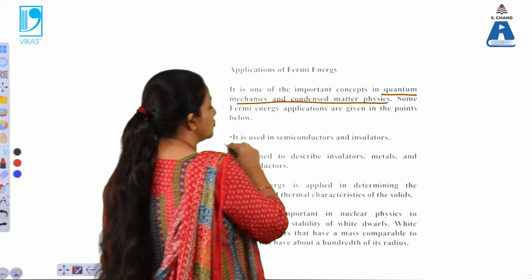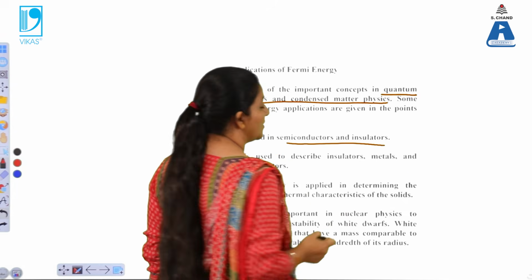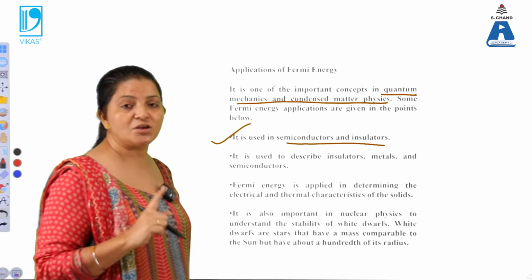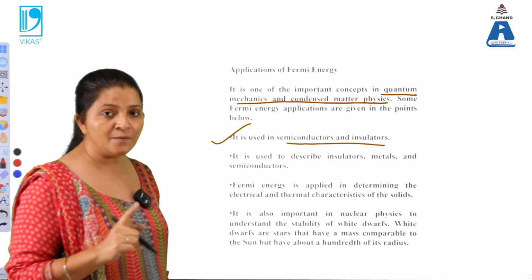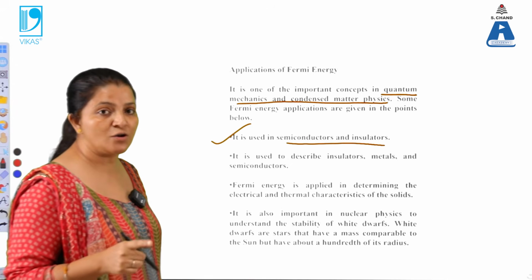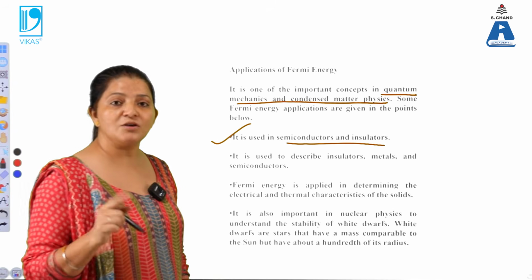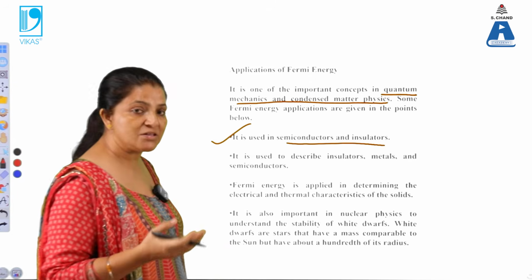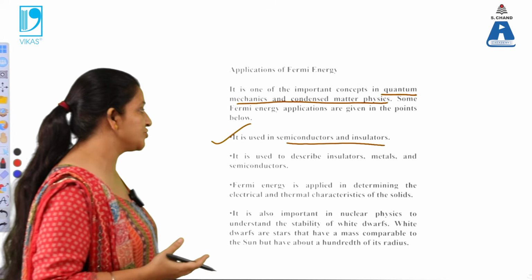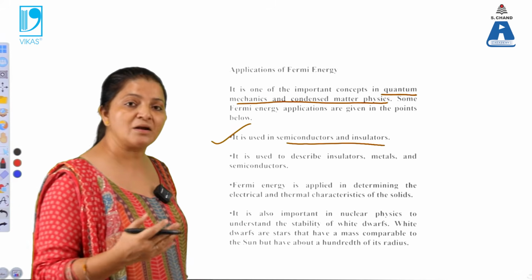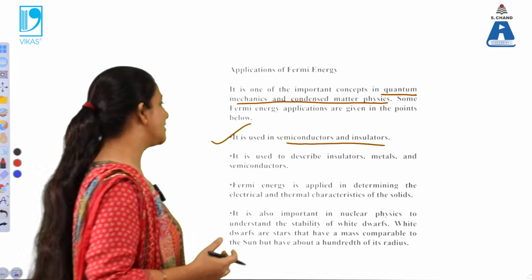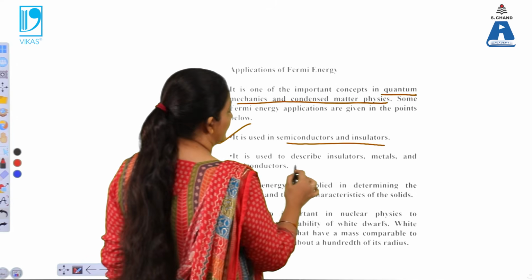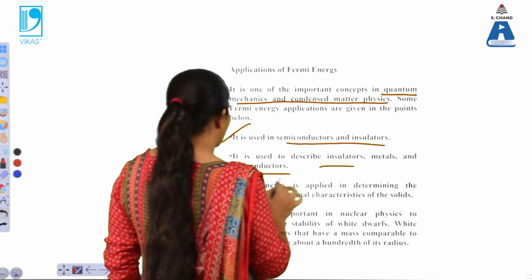It is used to describe the semiconductors and insulators, while free electron theory is not able to describe them. Free electron theory is applicable only for metals, but the concept of Fermi energy and Fermi level is able to distinguish between metals, semiconductors, as well as insulators.